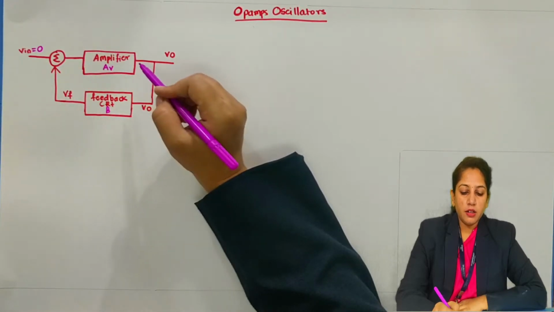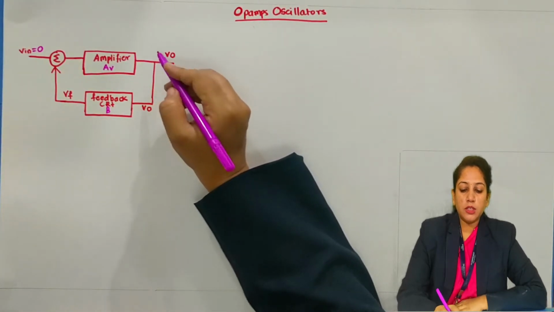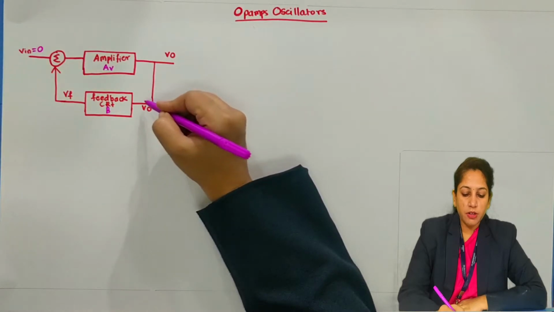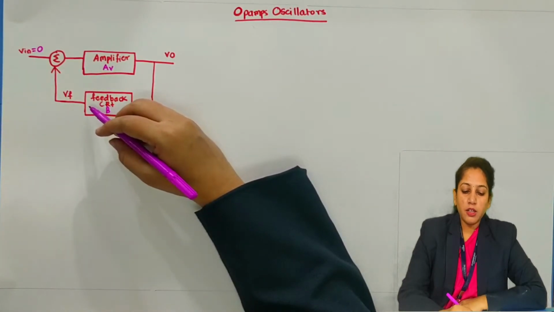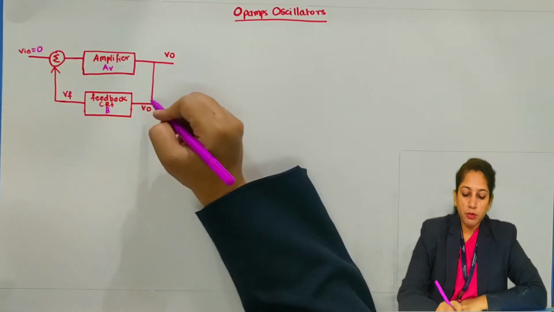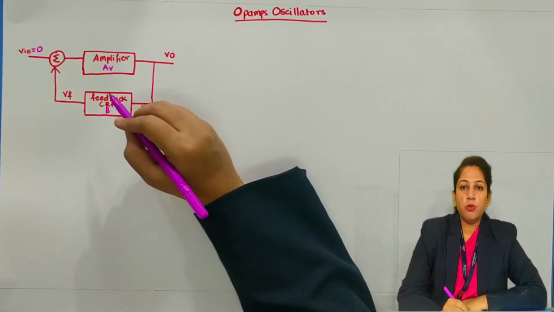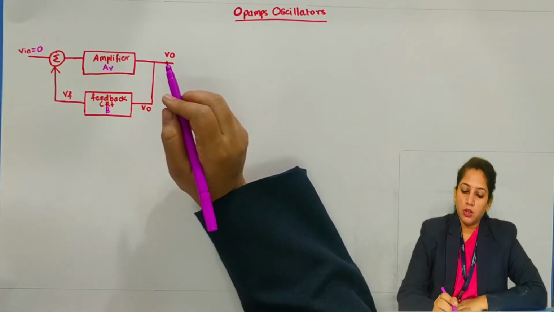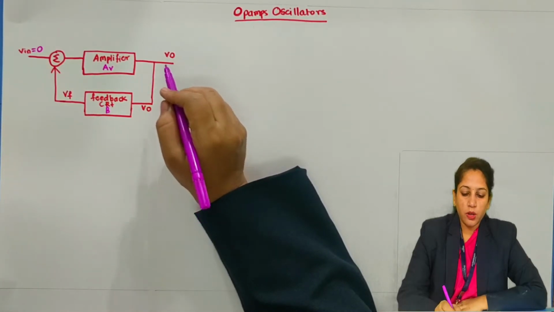And depending upon the signal which is given as feedback, whether it's amplitude or frequency, that signal will lead to oscillations.